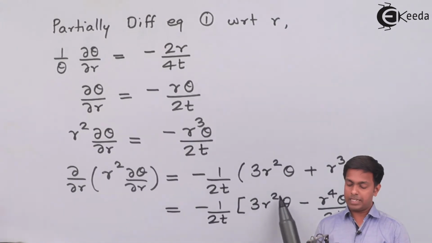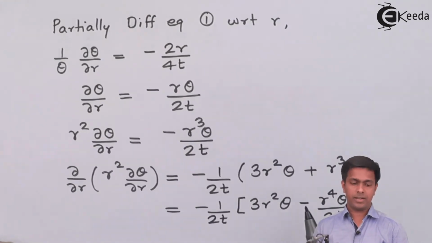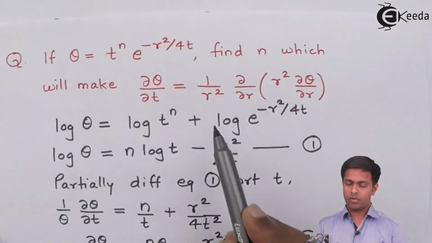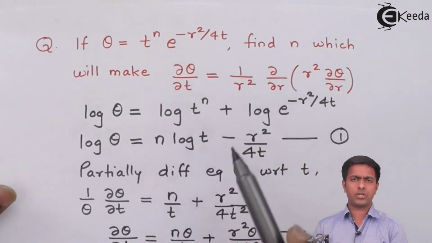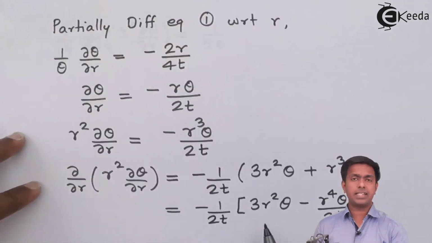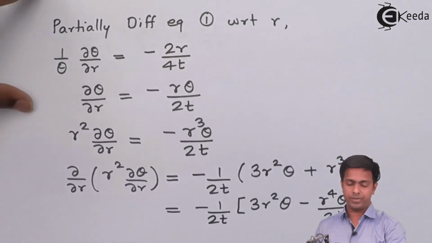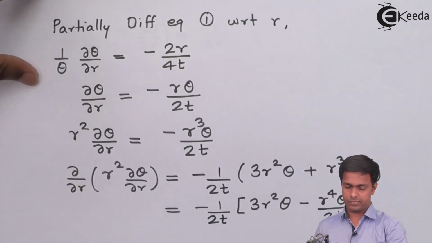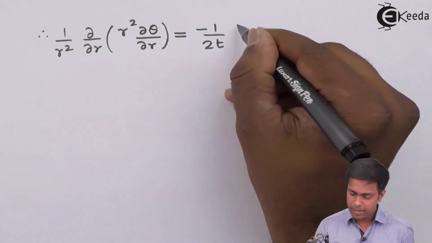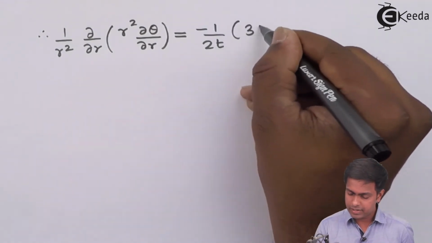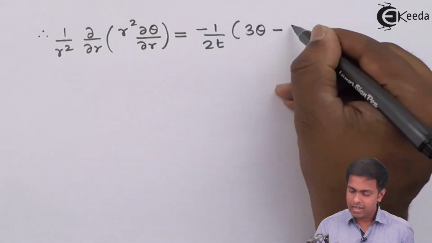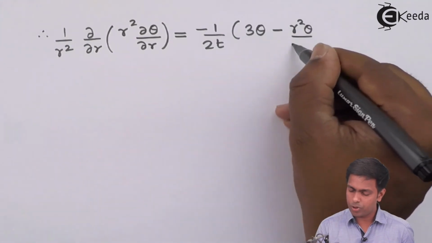Now if I multiply this bracket by 1 upon r square, then this r square will be cancelled, we'll get 3 theta, and here we'll get r square theta upon 2t. So in the bracket, 3 theta minus r square theta upon 2t.